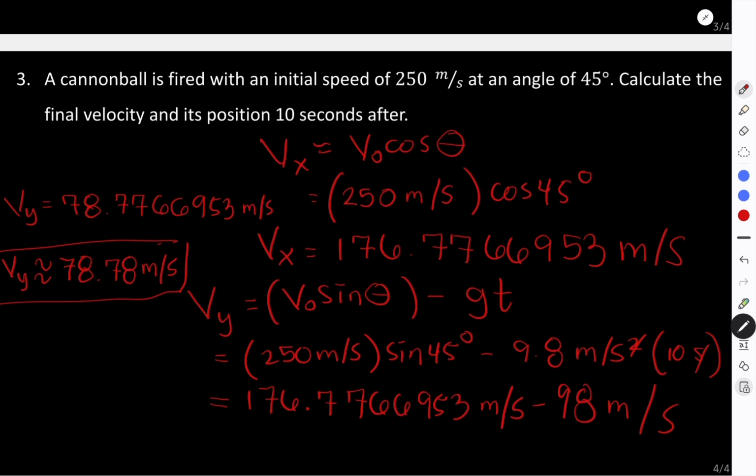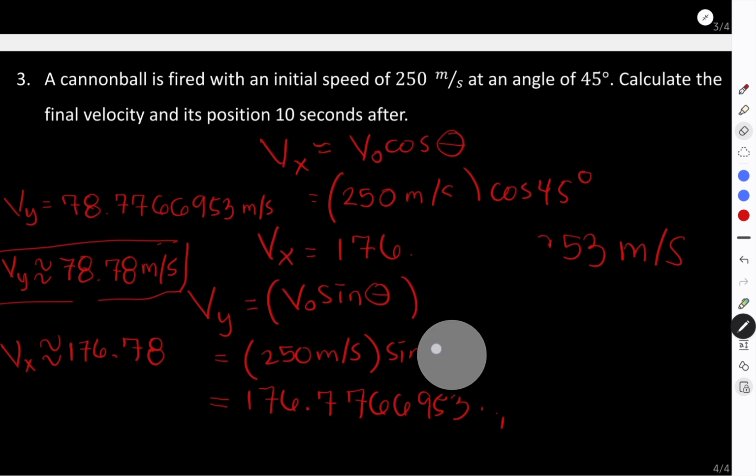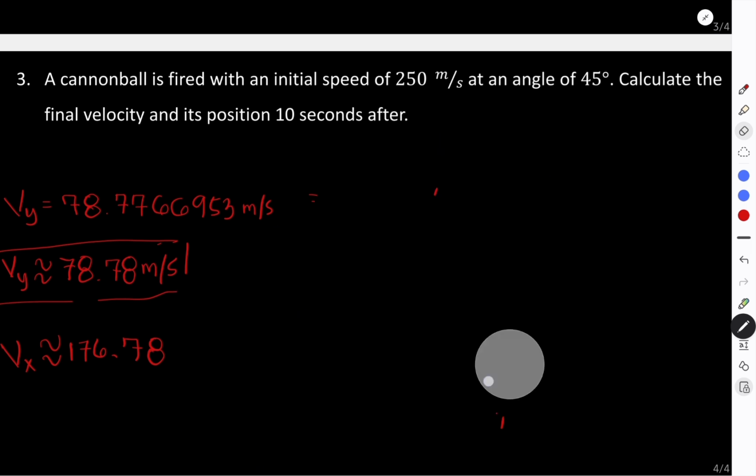I'm really sorry, I did not get the approximate of the final velocity in the x component, so let me write it here. Final velocity in x becomes 176 point, approximately 176.78 meter per second.